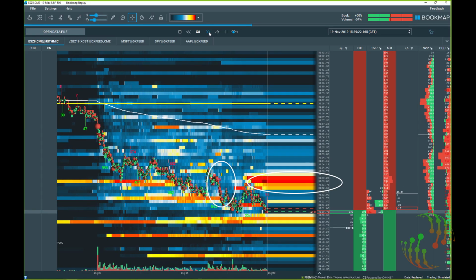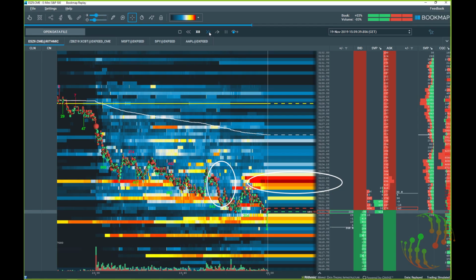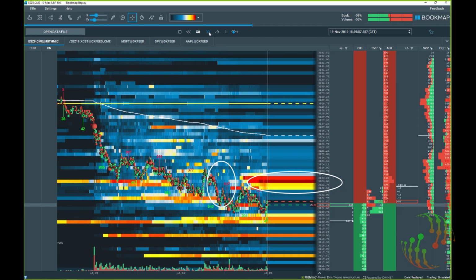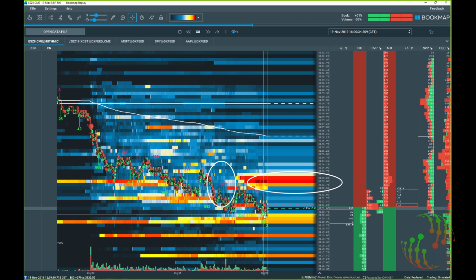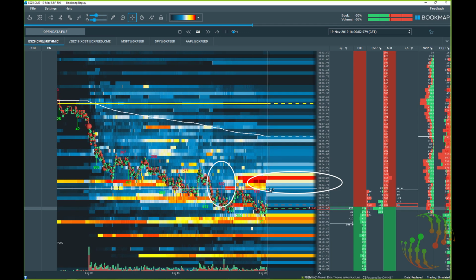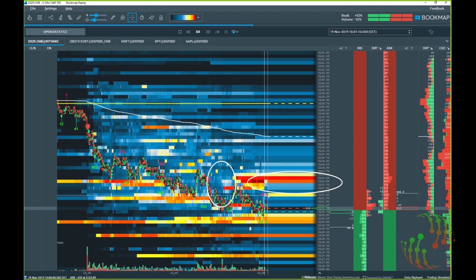But as said, we didn't get any chance to sell here at 22.50. When you see then what is happening here.